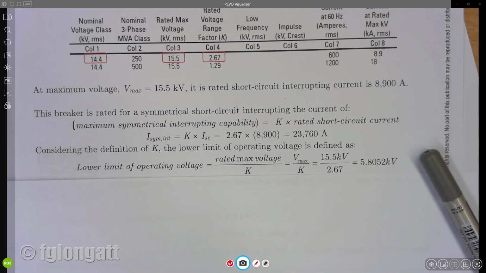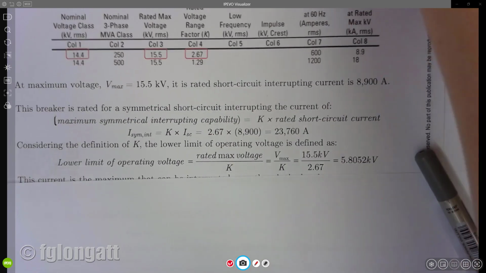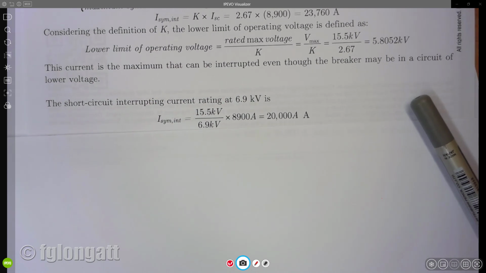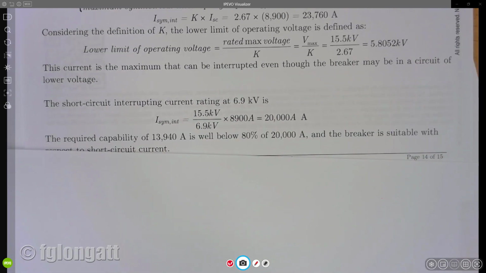Now the interesting thing is, this circuit breaker is 14.4 kV nominal voltage. That is the class for this device. And we know that this device has a maximum symmetrical interrupting capacity of 23.7 kiloamps. Now we are using this device at 6.9 kV.